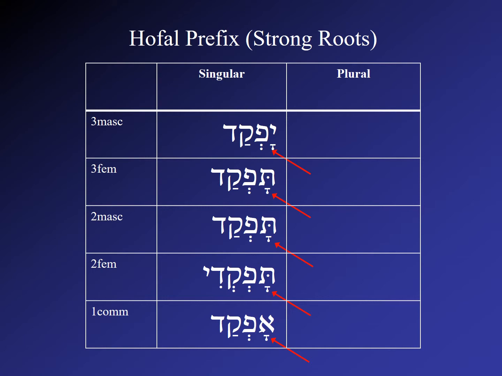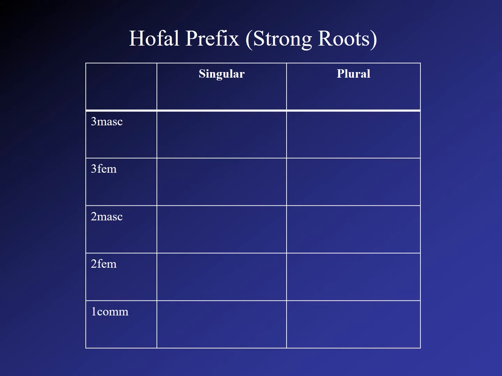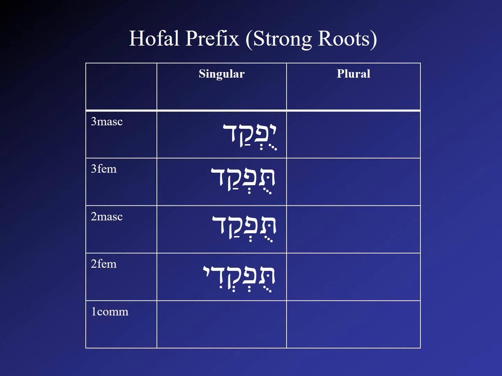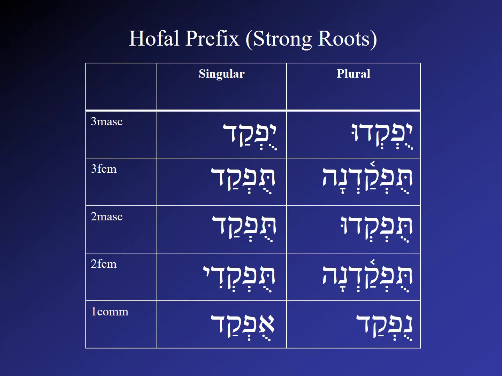Notice in all these cases we have the U-class vowel, qamets qatuf. Yofkadu, Tofkadna, Tofkadu, Tofkadna, Nofkad. So the qamets qatuf marks this clearly all the way through. Like the affix, there's also a second form of the prefix, which looks like this, Yufkad. Here we have a shureq instead of a qamets qatuf. Otherwise, the paradigm is the same. So Tufkad, Tufkad, Tufkadi, Ufkad, Yufkadu, Tufkadna, Tufkadu, Tufkadna, Nufkad.